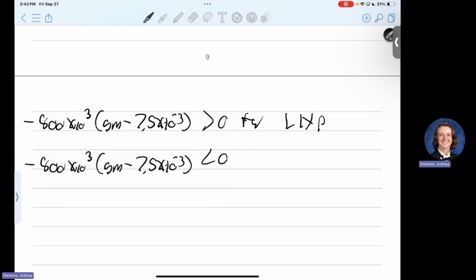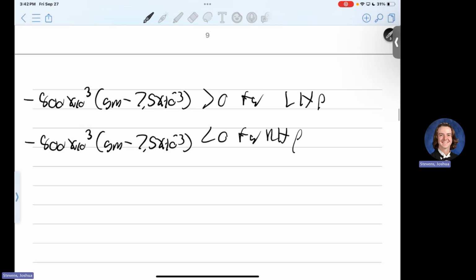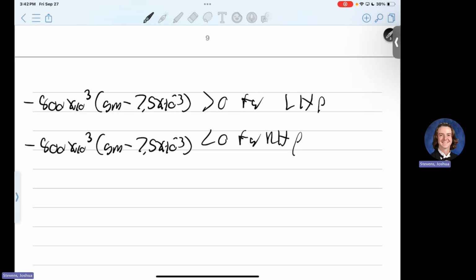Then it has to be less than 0 for the right half plane. So I'm going to do this one first.